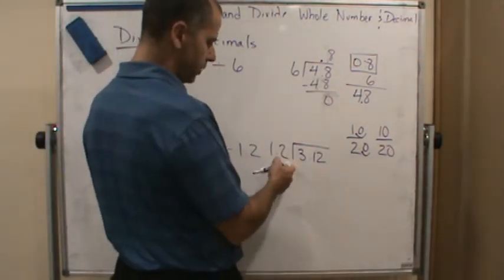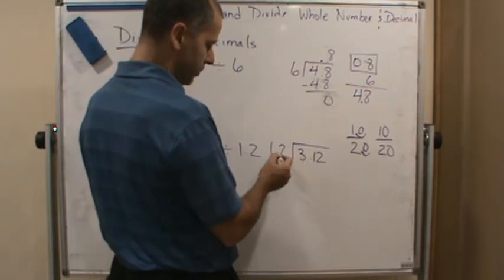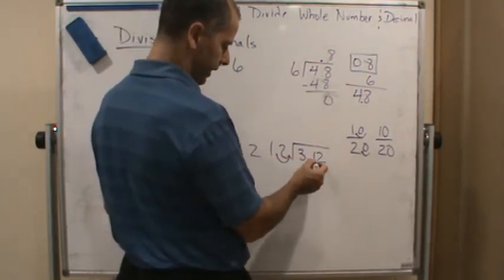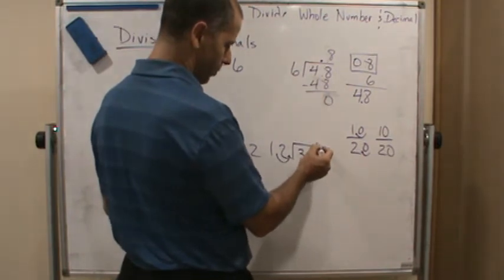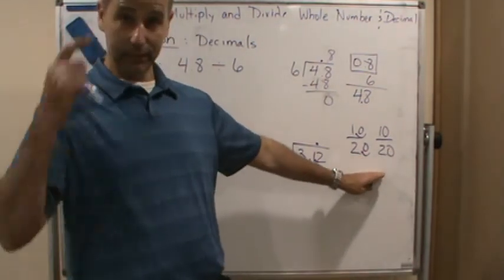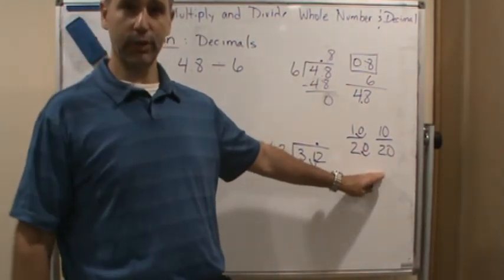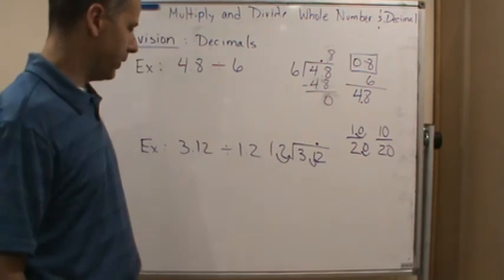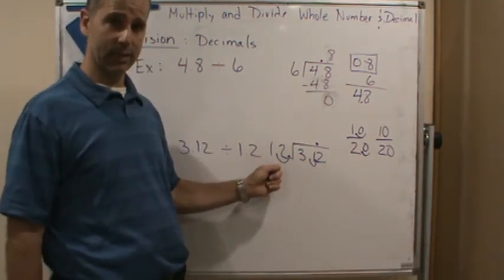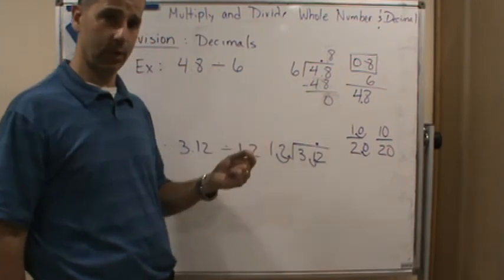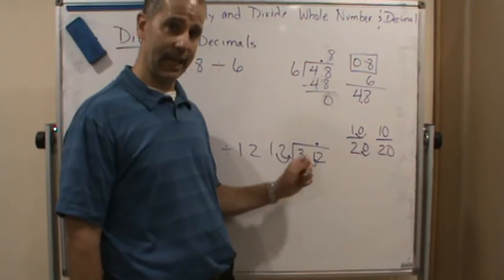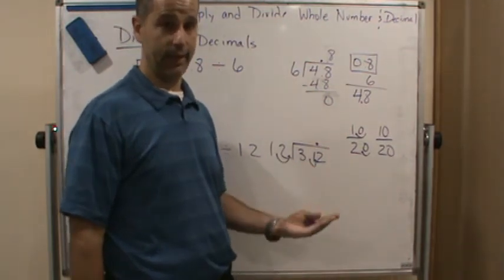If I multiply by 10, I'm essentially moving the decimal point over. So I move it here and I raise it to there. Again, you don't have to multiply by 10 on paper, just do it in your head. Basically you just move the divisor over as many spots to the right as you need to get a whole number, and then make sure you move the decimal point in the dividend the same number of decimal places. That's what you need to do.